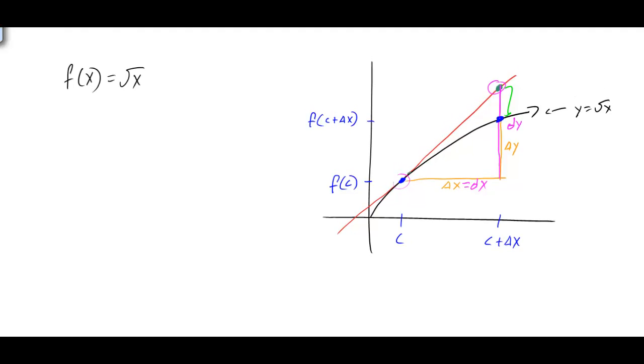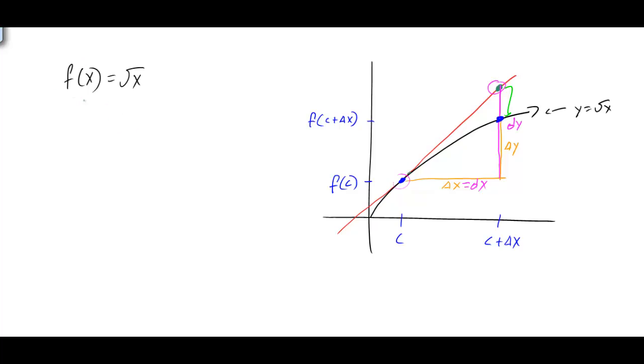What this is really telling us is we're approximating again using our differential dy. We can use that to approximate the change in our y value. Now you'll notice the change in our x, delta x, and we call this the differential dx, is going to be equal because we're going from the same x value to the same x plus delta x value.